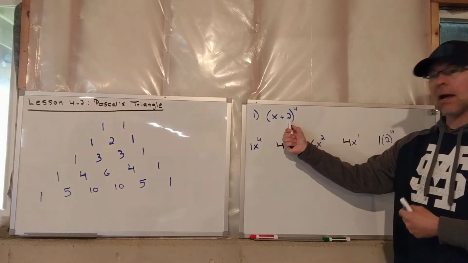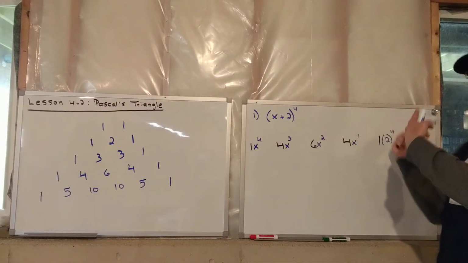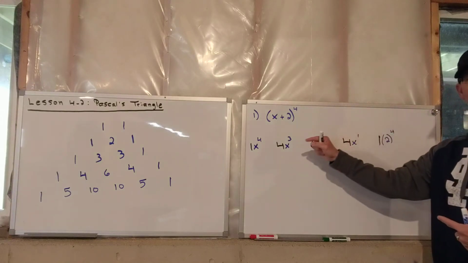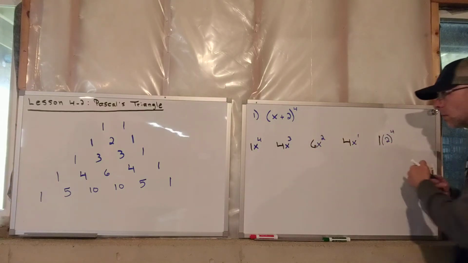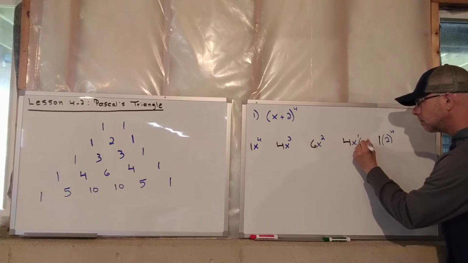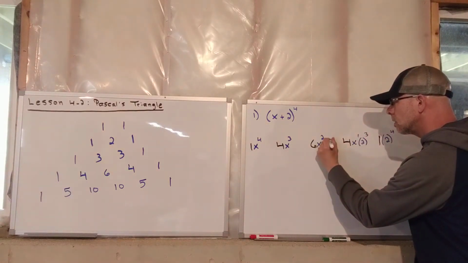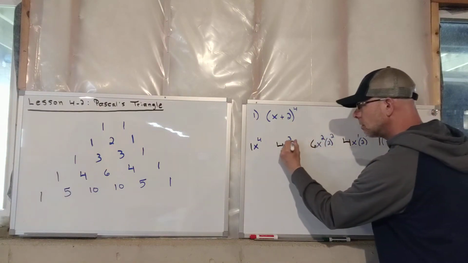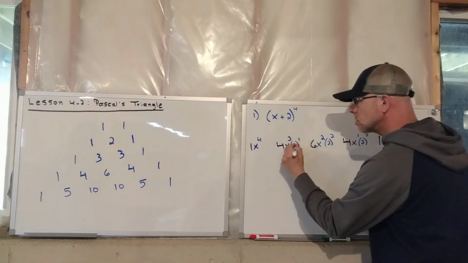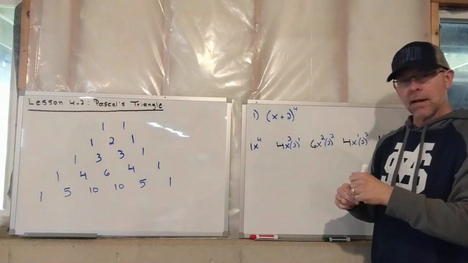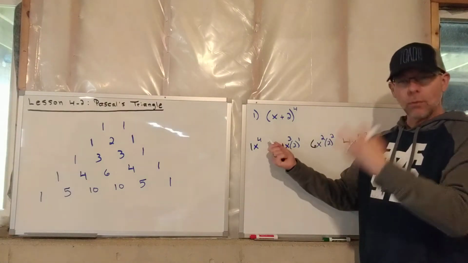The second thing in the problem, in this case a 2, starts at the other end and goes backwards like that. So this was times 2 to the 4th. This will be times 2 to the 3rd, times 2 to the 2nd, times 2 to the 1st, and I run out of 2's. You don't write 2 to the 0.